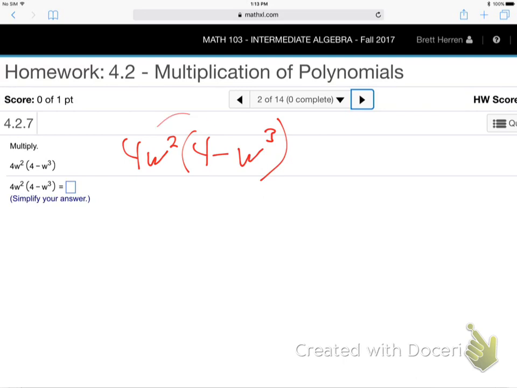All right, are we good? So this distributes, and we get 16w squared minus 4w to the 5th. And that's it. We just distribute, and when you multiply the numbers in the front, add the powers.